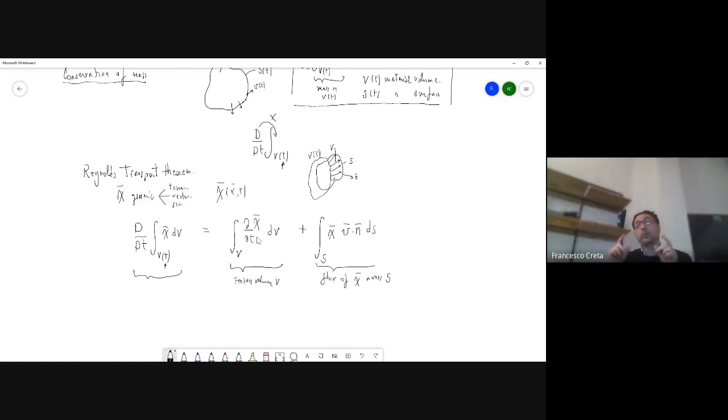So what you can imagine is you could freeze it, but then you also have to take into consideration the flux that is getting out of the frozen volume, because the material volume keeps on moving. So again, the material derivative and the Eulerian derivative differ by essentially the flux across the surface S.